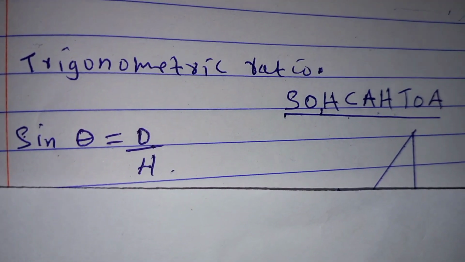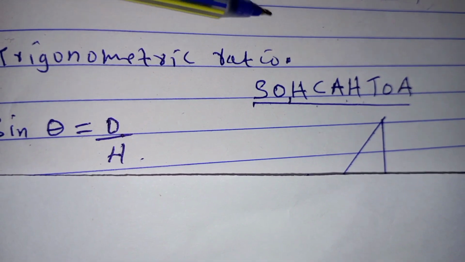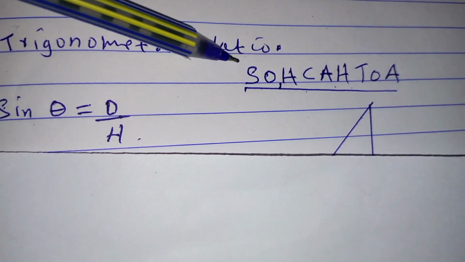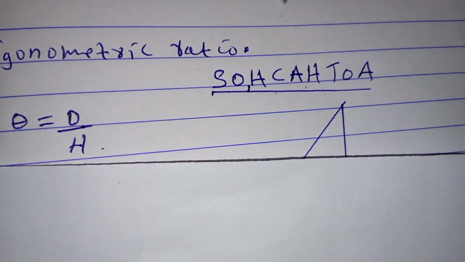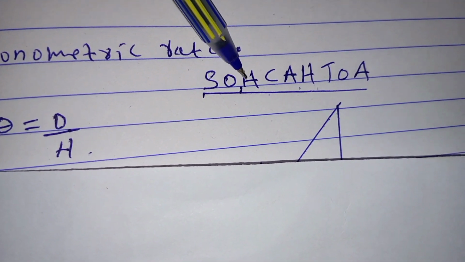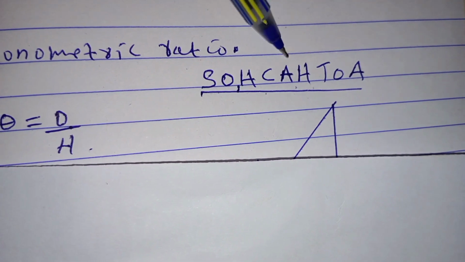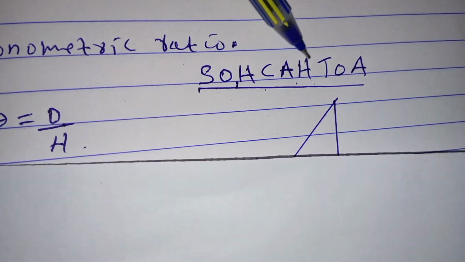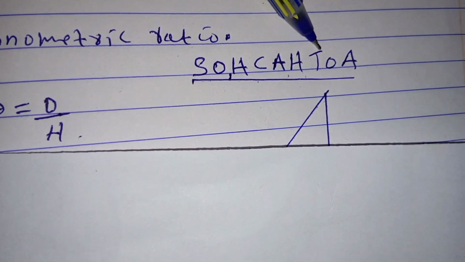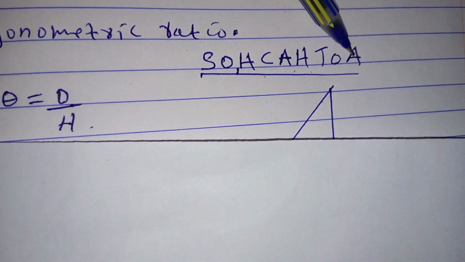Finally, we look at the trigonometric ratios, which are obtained from SOHCAHTOA. S stands for sine, O opposite, H hypotenuse; C cosine, A adjacent, H hypotenuse; T tangent, O opposite, A adjacent.